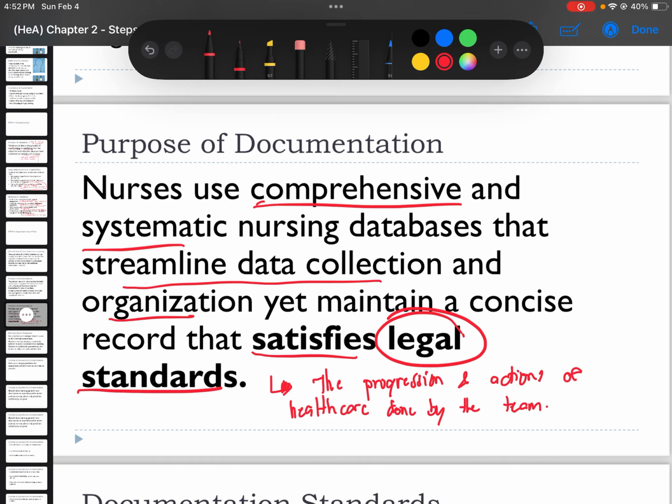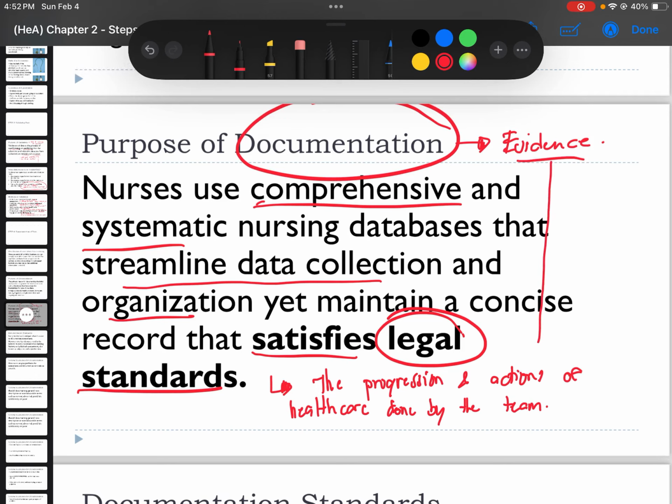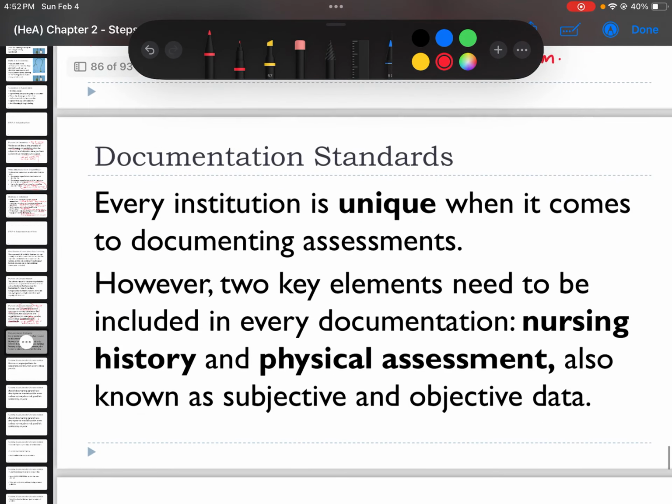Okay, it shows the progression and actions of healthcare done by the team. In a sense, class, documentation serves as evidence. It serves as evidence that we have actually done actions for our patient. Okay? It serves as evidence, no? It is already evidence for us. Okay.